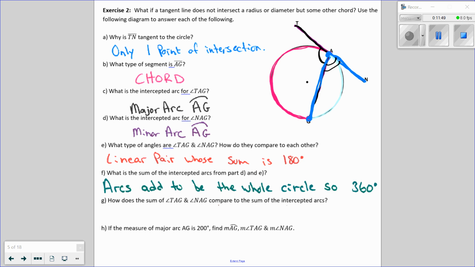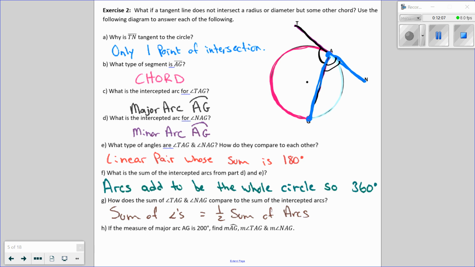So how does the sum of the angle measures compare to the sum of the intercepted arcs? Well, the sum of the angle measures is half the sum of the arcs. Very interesting.